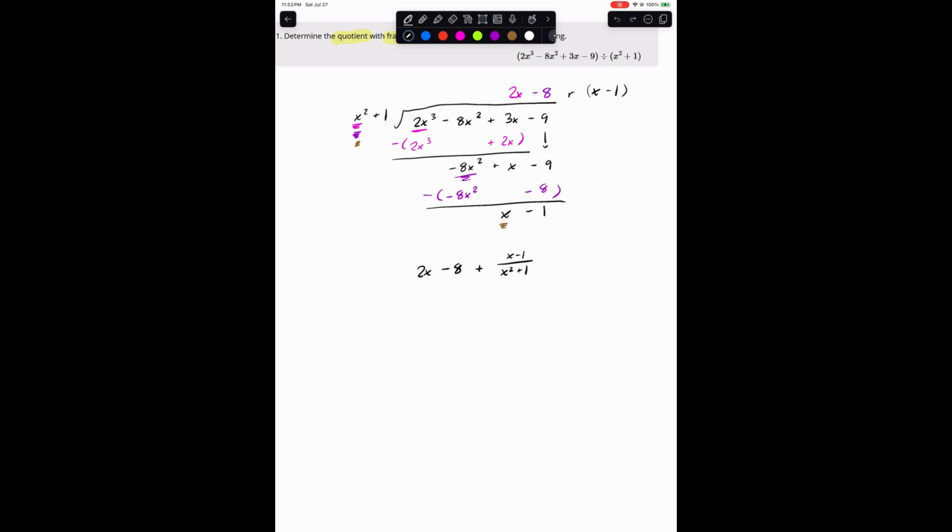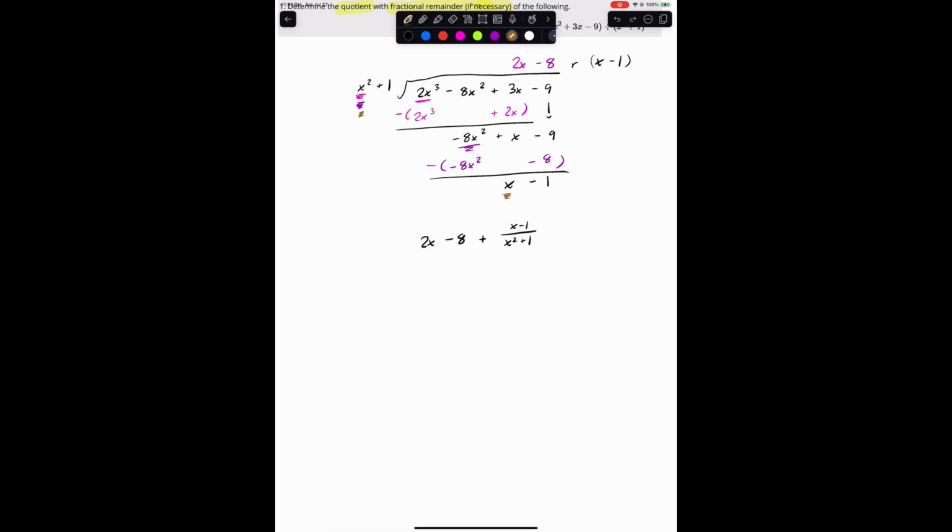In reality, it's just this left over divided by this, and we didn't really bother to divide it, because dividing x minus 1 by x squared plus 1 is not going to work out very well for us. So this is my final answer.